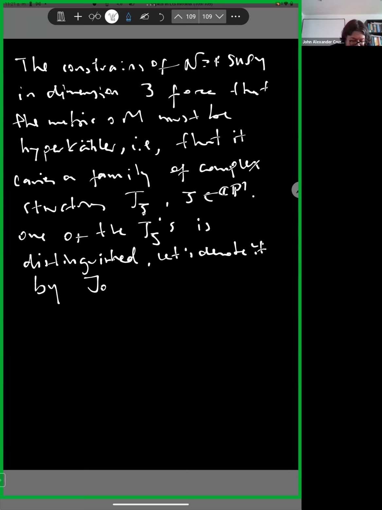And when we consider the holomorphic symplectic manifold in this distinguished structure, we identify M with the I prime.